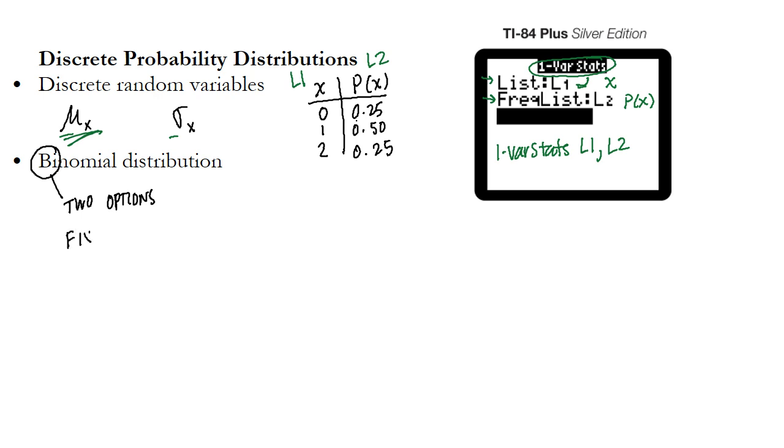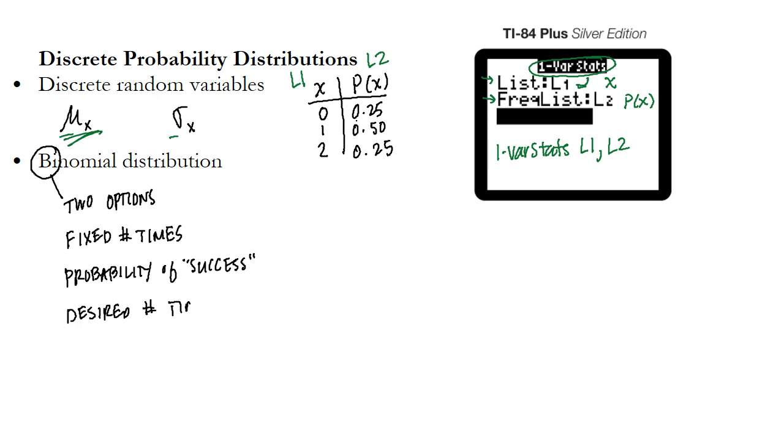There is a fixed number of times involved. We call that the sample size, or the number of times that the thing was repeated, and then there's a probability of success involved, and there's an x value, which is the desired number of times that we're interested in.